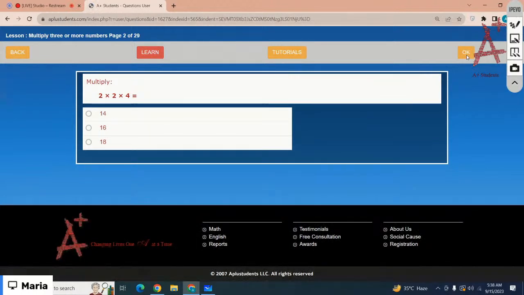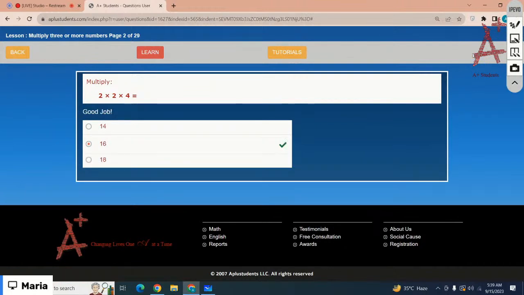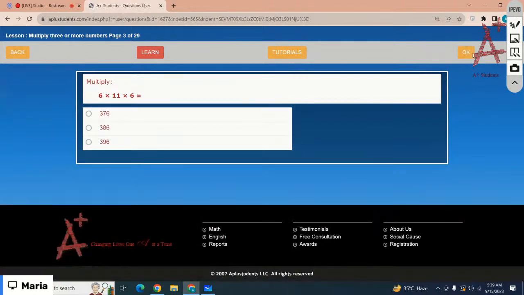Multiply 2 times 4. So which is the correct option? The correct option is 16, right? Multiply 6 times 11 times 6. So which is the correct option?